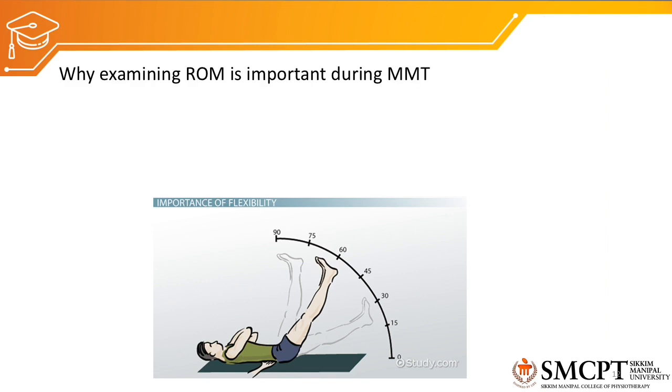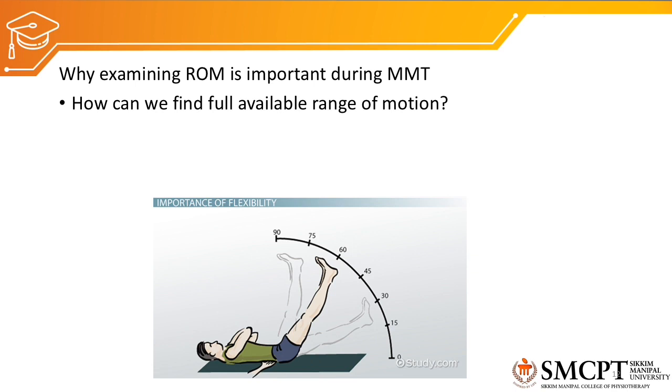So why is examining range of motion important? First of all, let us know how we can find the full available range of motion. We will take the hip joint as our example for understanding this. To find the full range of motion of hip flexion, we would perform passive range of motion.